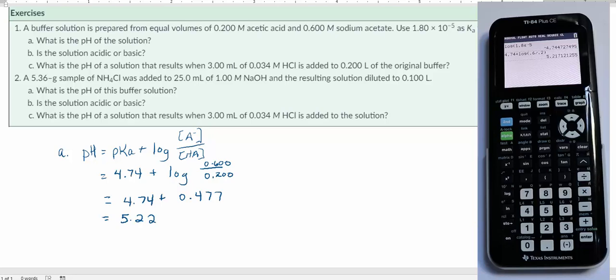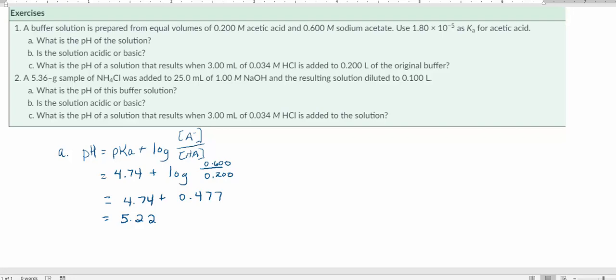Now, if we use the ICE method in order to solve this acid dissociation, we start with 0.200. We have 0.600 for the acetate. We're going to shift with some value x. We set up our Ka expression.